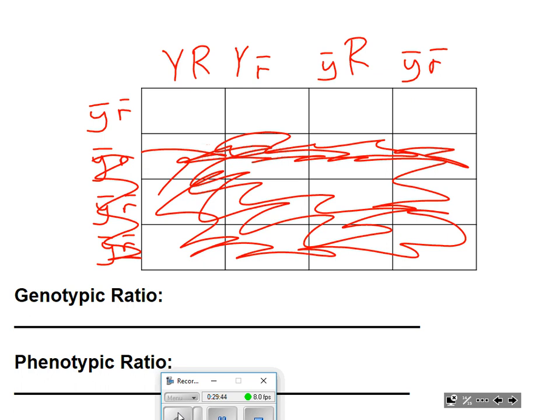The actual letters. What are phenotypes? What you see, the physical appearance. Okay? So, we would see something like a yellow smooth or a yellow wrinkled. Okay? That is your homework for tonight, to finish this square that we have started.